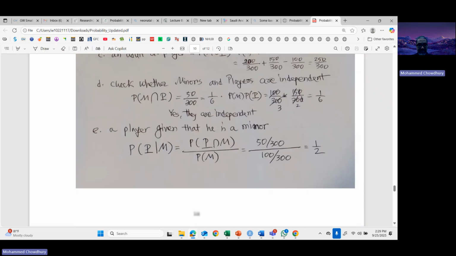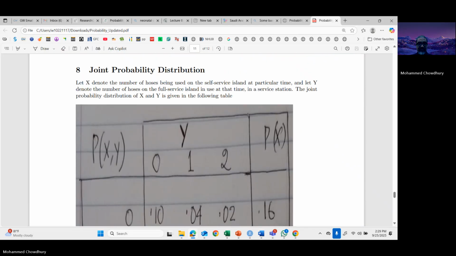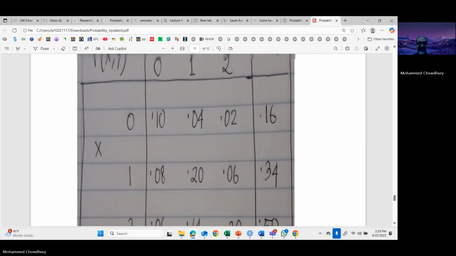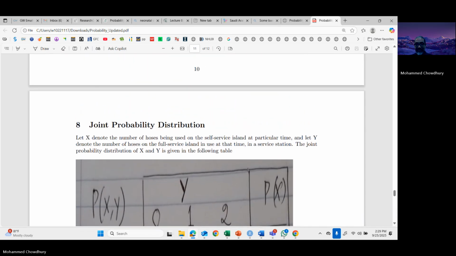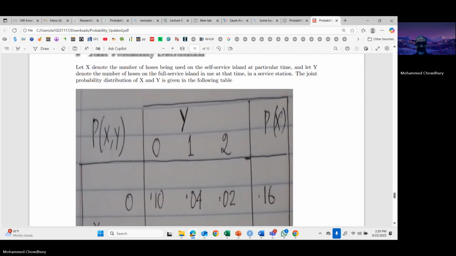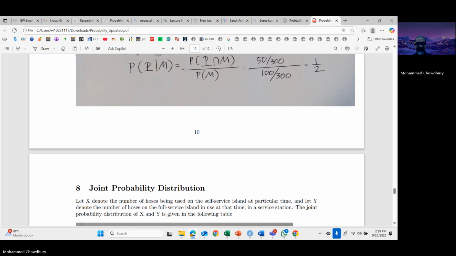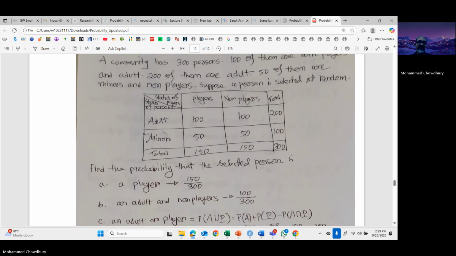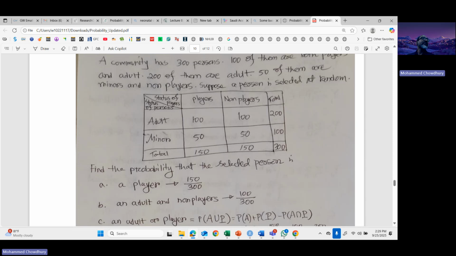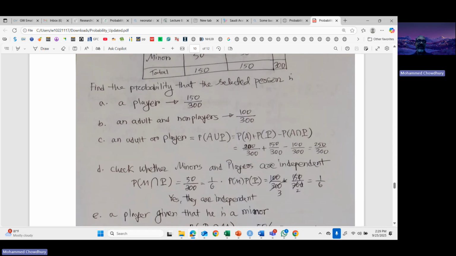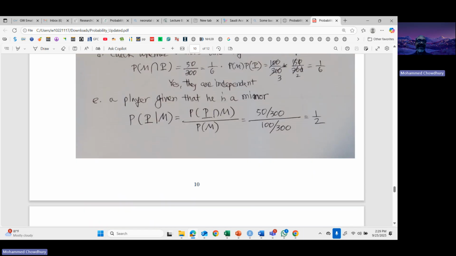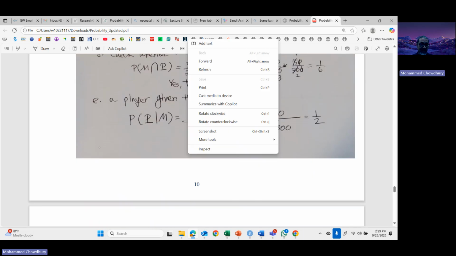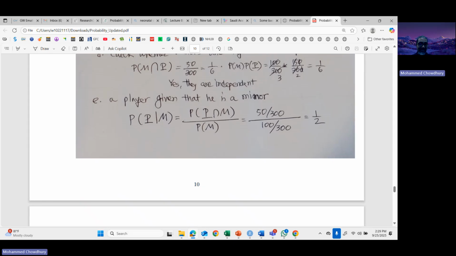Clear, right? Okay. Now for this problem, I want to add another thing.